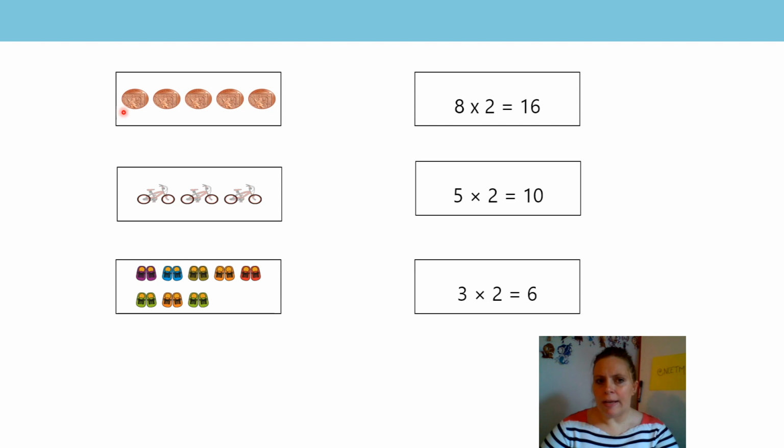And then we know the value of a 2p coin is the same as having 2 1 pennies, and so it has a value of 2. So now I know both of my factors, 5 and 2. Now I probably could match it to my equation now, but I just want to make sure that I know the product's right.